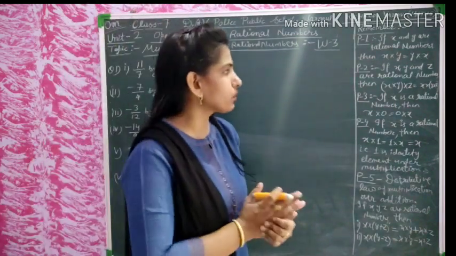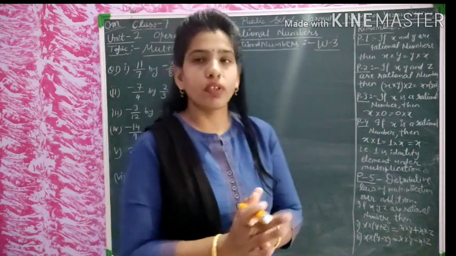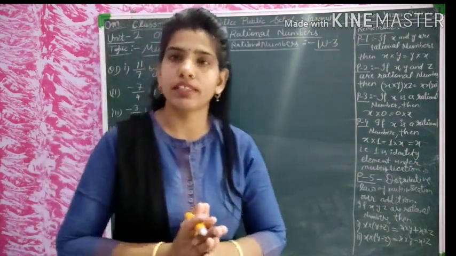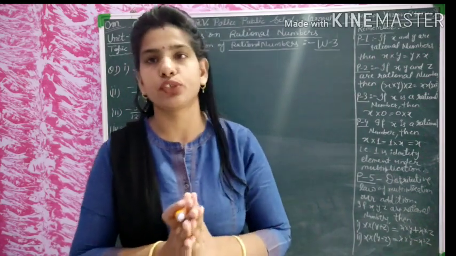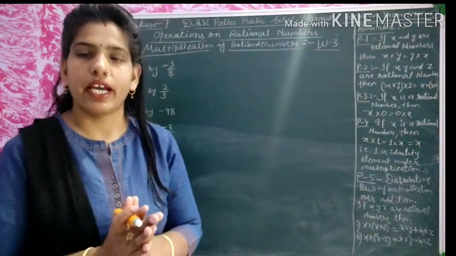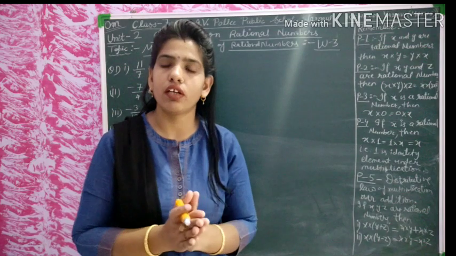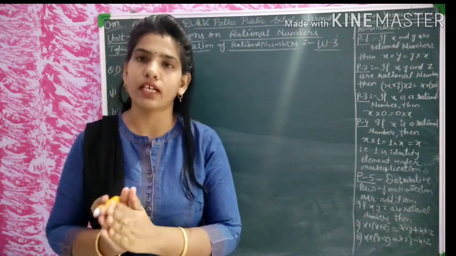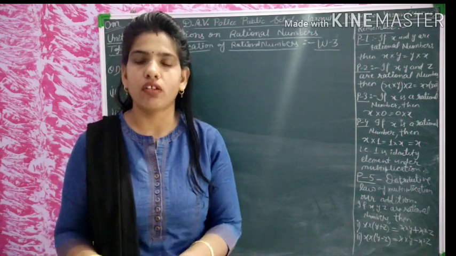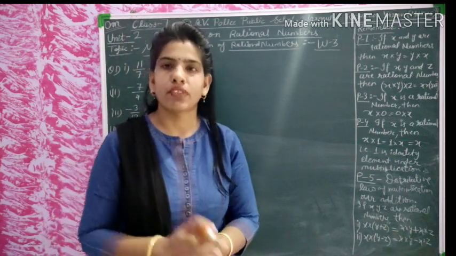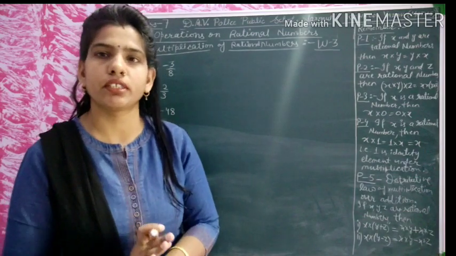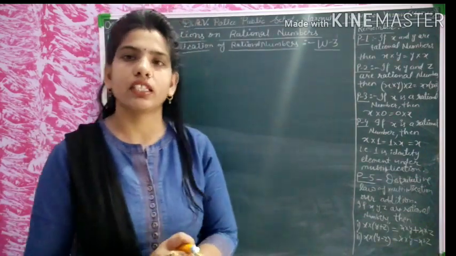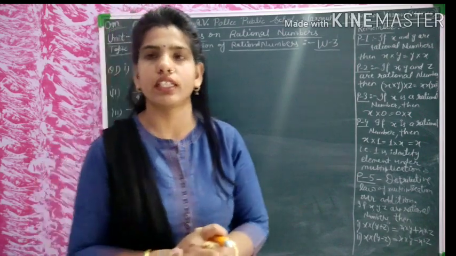And one more thing students, one property is that the multiplication of rational numbers is always equal to a rational number. As you know, we have already done the addition properties, subtraction properties, multiplication properties and also division properties. In division, it is compulsory that the rational number q is non-zero, otherwise it will not be satisfied there.